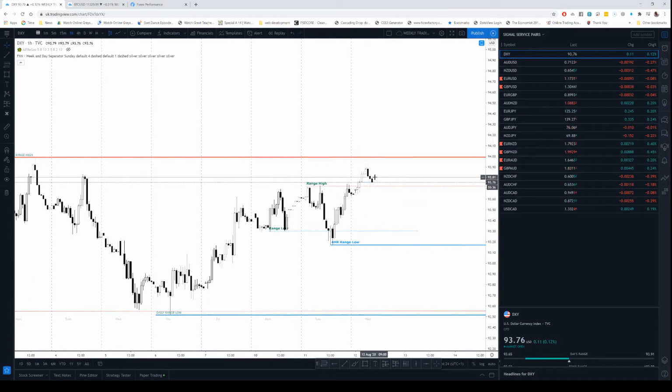If we do close below it, that's a problem. They will probably come deeper, and this might keep price in a range, and it will make it harder to trade. So I don't want to see price go below this high, and that's why I've got this line drawn out there.